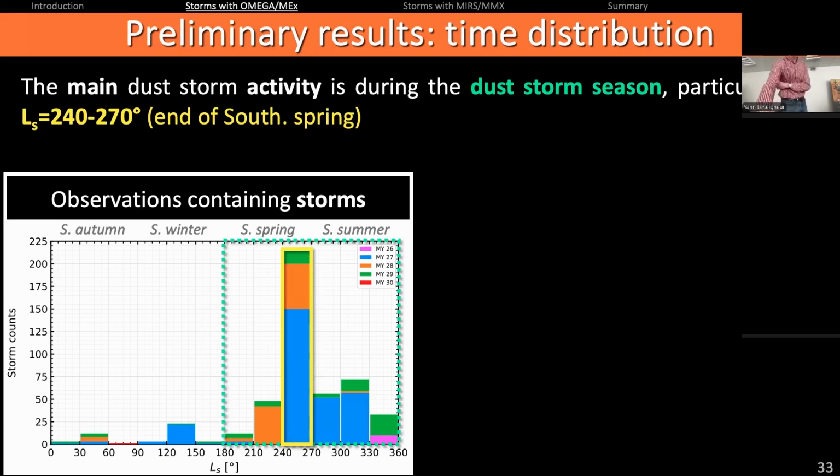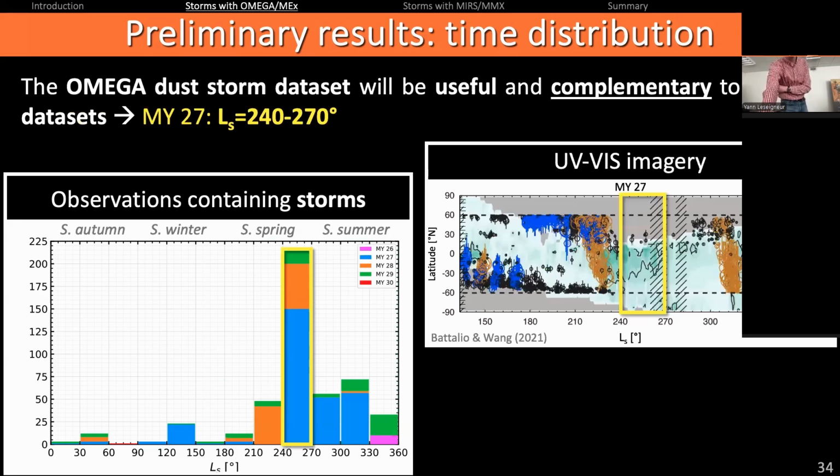That is kind of surprising, because if we compare to the biggest Martian dust storm catalogs that have been produced using UV visible imagery, during Martian year 27, on the left part of the graph, this corresponds to the blue bar.